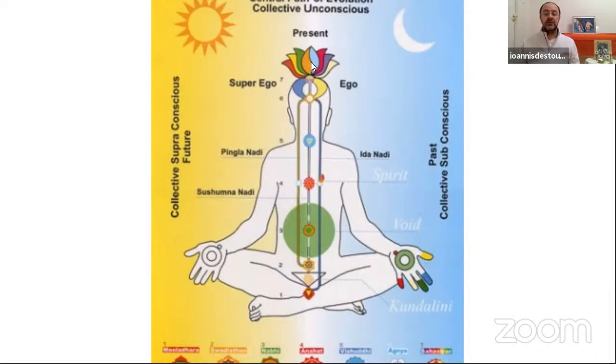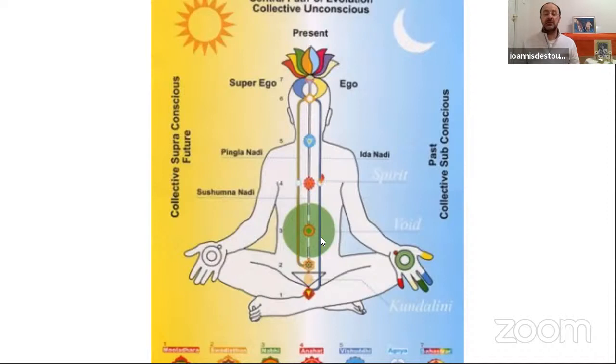You could say that our problems start when either the left channel, the past, or the right channel, the future, starts to be overactive. If the left one becomes overactive, we start to live in the past. We start to be very shy, very lethargic.